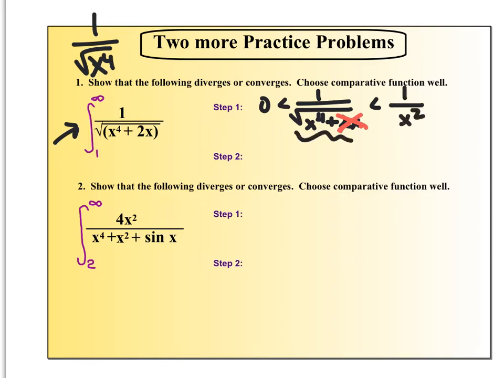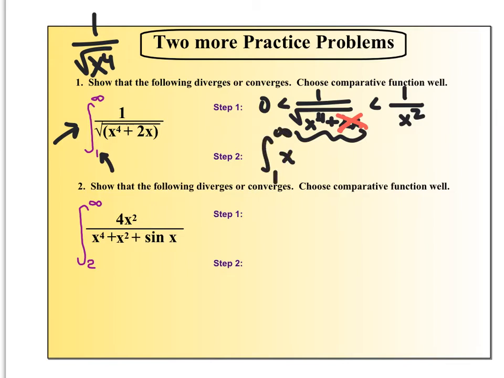If I had all of this here, a larger number in the denominator, especially when we go from 1 to infinity, will make that quantity, when you take 1 divided by it, smaller. Therefore, 1 over x squared would be greater than 1 over the square root of x to the fourth plus 2x. And then we'd integrate this from 1 to infinity.